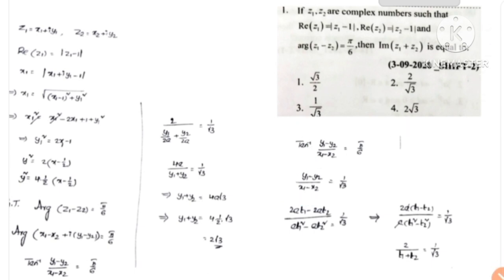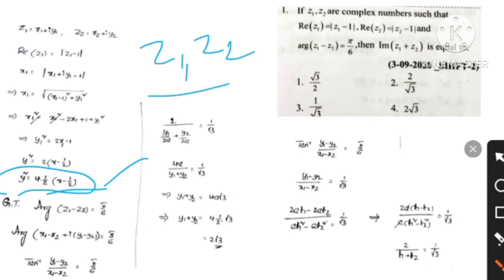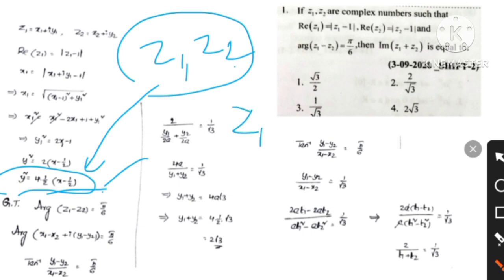See here. What does this equation represent? This equation represents y squared is equal to 4 into 1 by 2 into (x minus 1/2), which means this is a parabola. So Z1, Z2 are points on the parabola. That is, we take the values Z1 as (at1 squared, 2at1) and Z2 as (at2 squared, 2at2).